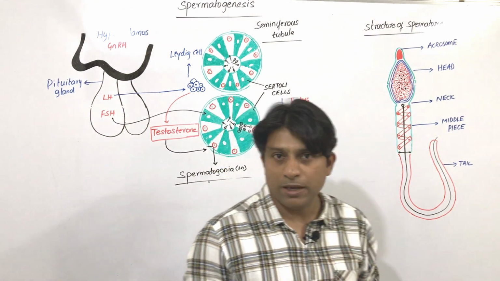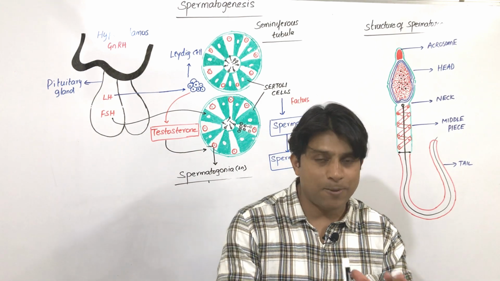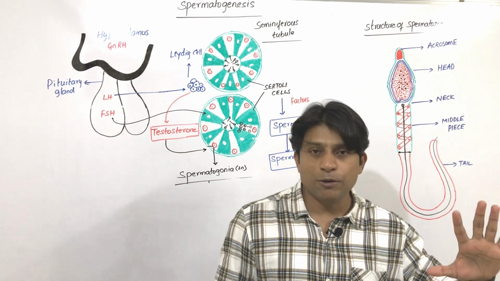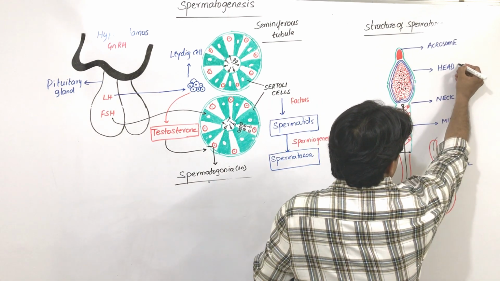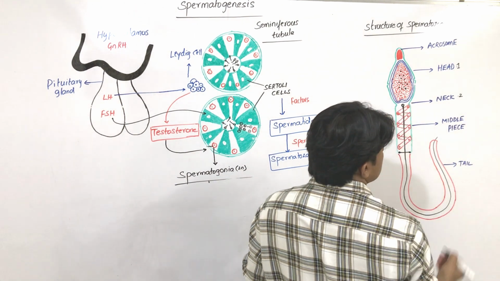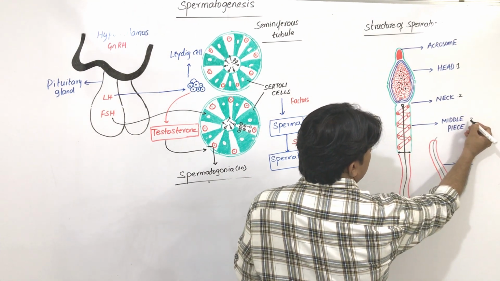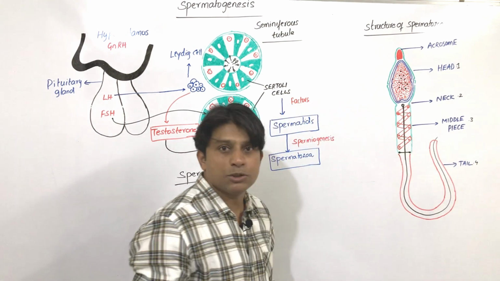Spermatozoa are microscopic, and the entire spermatozoon is surrounded by plasma membrane, and it has 4 different parts. This is the head, this is the neck, this is the middle piece, and this is the tail of the spermatozoa.